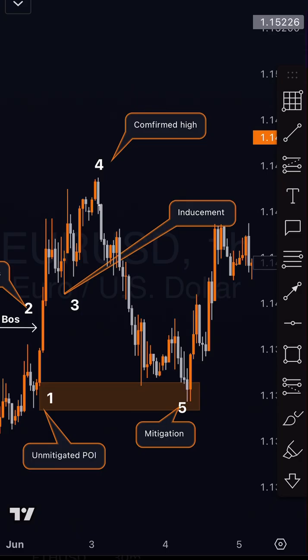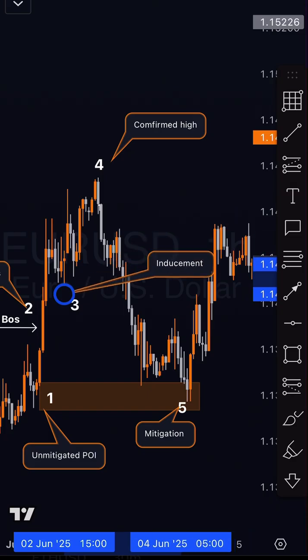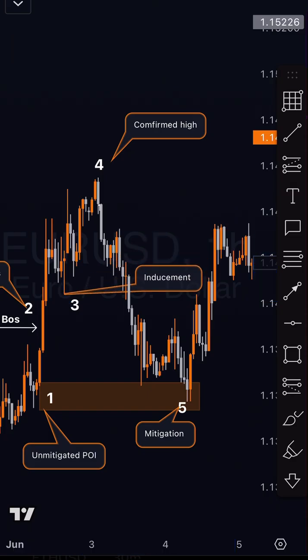So the inducement is actually the valid pullback. Now, how do you identify the valid pullback? That's another question, guys, a topic for another day. But just make sure you master these steps that I'm teaching right now. All right, so step three, that's that.